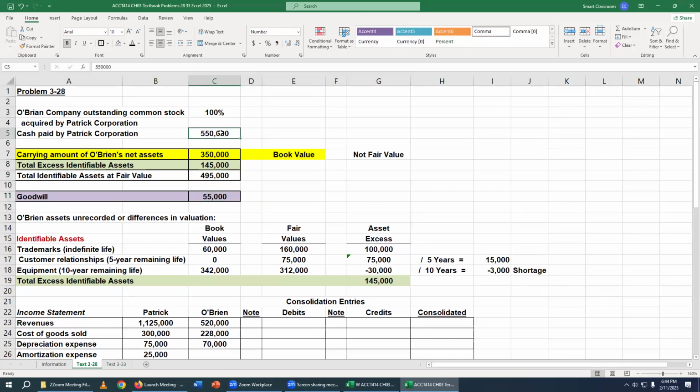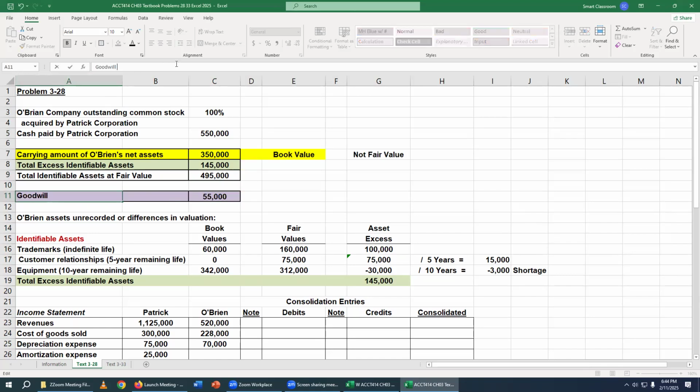Oh yeah, it's the 550 minus the identifiable. So for whatever reason, they're calling this the unidentified asset, I guess.